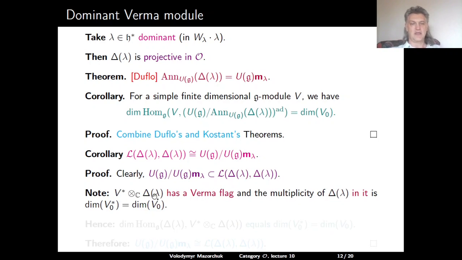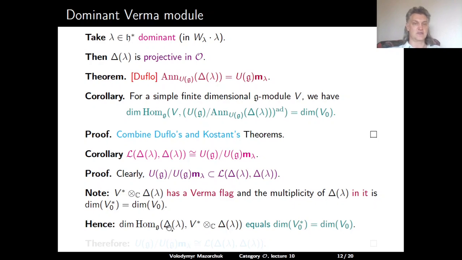Since V-dual tensor delta lambda has a Verma flag, and the multiplicity of delta lambda in this Verma flag is the dimension of the zero weight space in V-dual, which coincides with the dimension of the zero weight space of V, the dimension of the hom from delta lambda to V dual tensor delta lambda equals the dimension of the zero weight space in V dual.